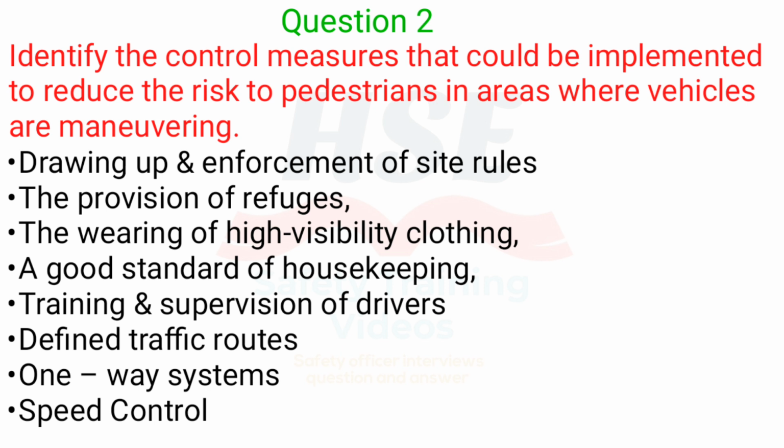Drawing up and enforcement of site rules. The provision of refuges. The wearing of high visibility clothing. A good standard of housekeeping. Training and supervision of drivers. Defined traffic routes. One-way systems. Speed control.